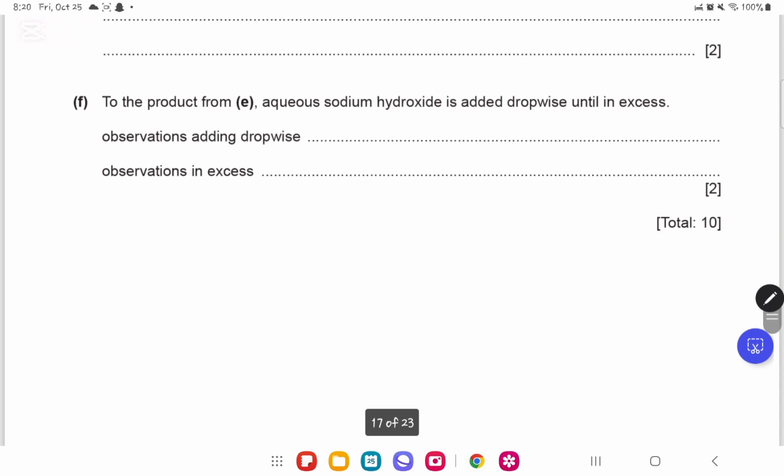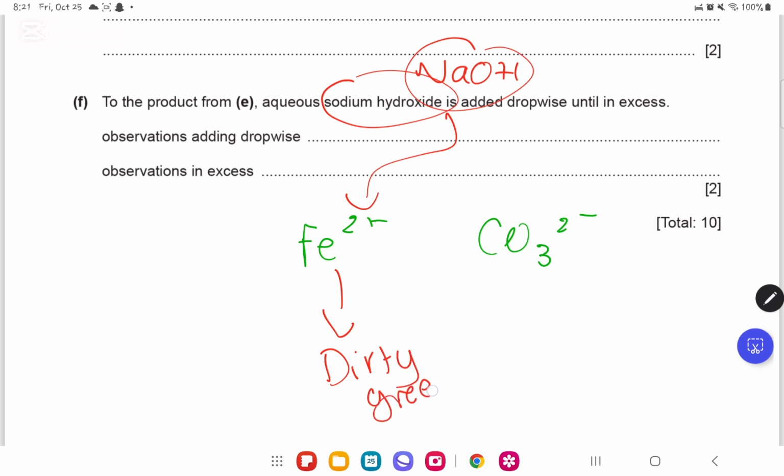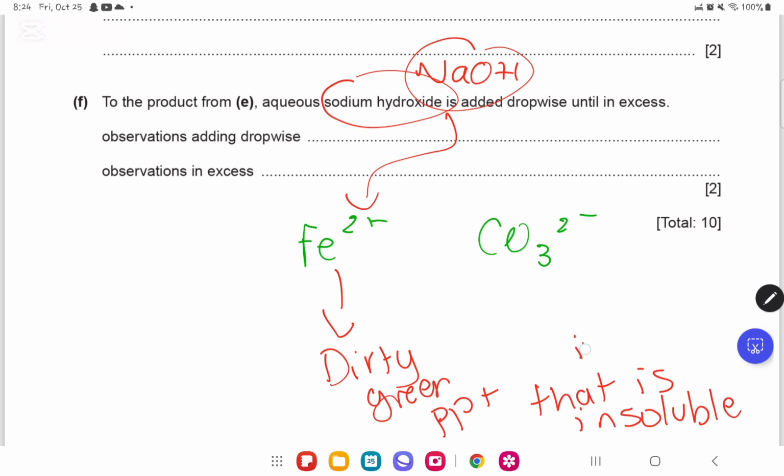Now F. To the product from E, aqueous sodium hydroxide is added dropwise until in excess. So we're adding what? We have our ions, which are Fe2 plus and CO3 2 minus. We're adding OH minus. Isn't that right? So if you remember, if you add NaOH to Fe2 plus, it will produce a dirty green precipitate that is insoluble in excess NaOH.